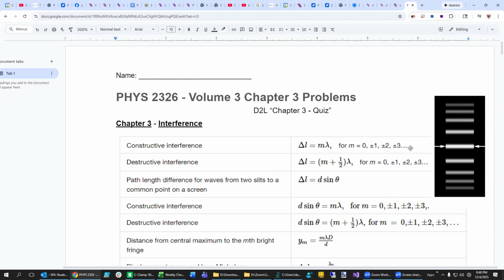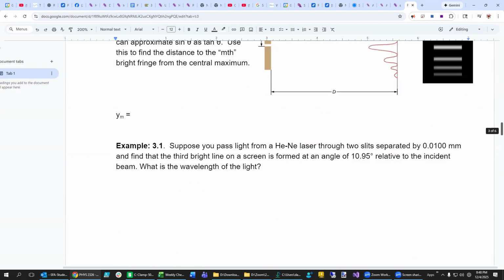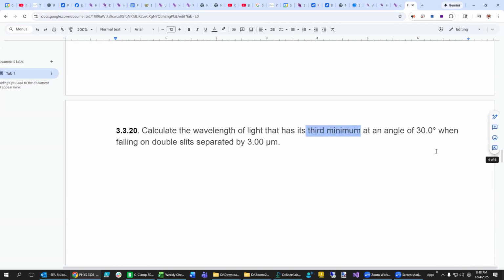I was just off by one because I didn't look at the equation and how it relates over here to the diagram. That's important. So instead, we'll just keep it simple like this. M equals 0, 1, 2, 3. And so if I saw a question like this randomly appear on the test, I would say third maximum just to avoid all of that confusion.